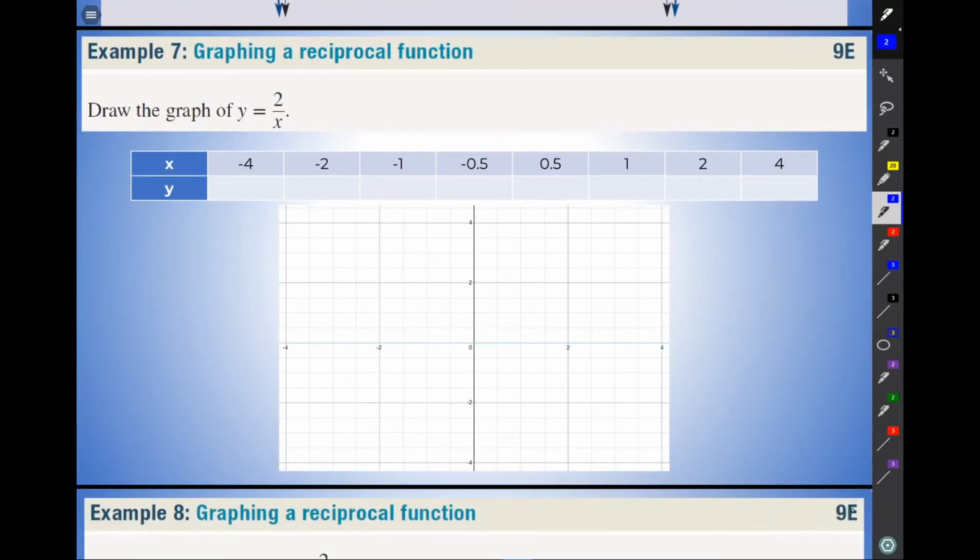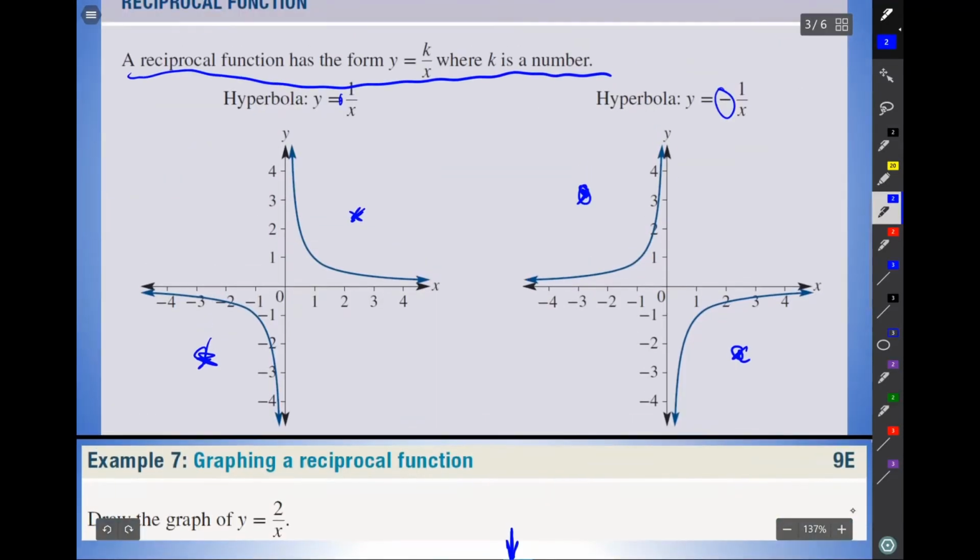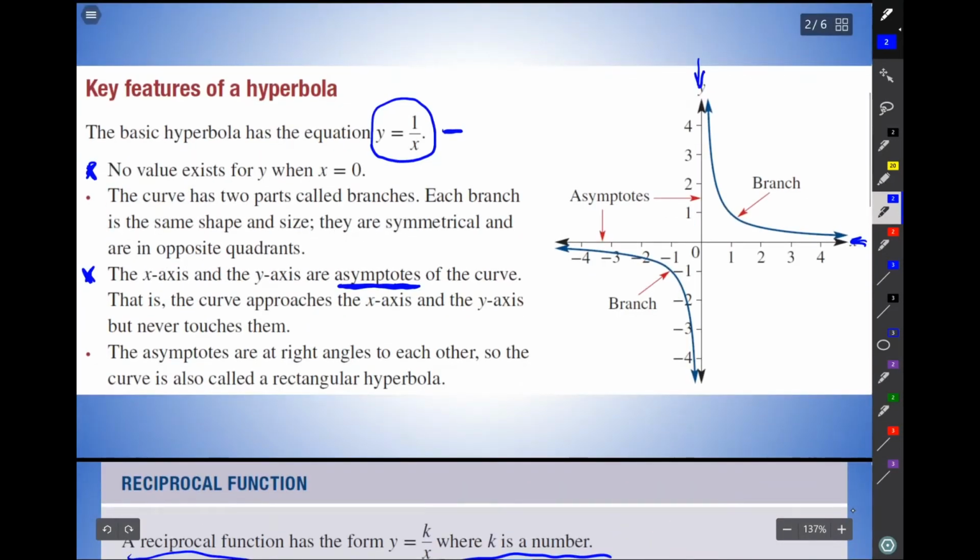Right, let's look at graphing them. Again, we got a table of values. Now, something I'll point out with this table of values with reciprocal functions, doesn't make sense to have a 0 in here, because like we set up here, no value exists for x equals 0, because think about it, can't divide by 0.